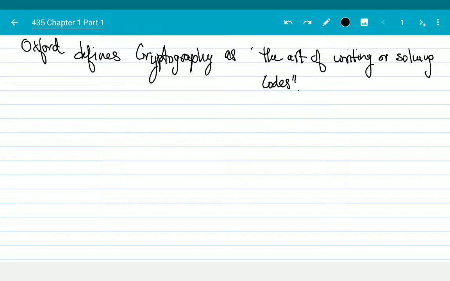But today we use it for many more things. You use cryptography even in your credit cards, for your banking, for emails, for anything related to the internet. You want things to be secure.